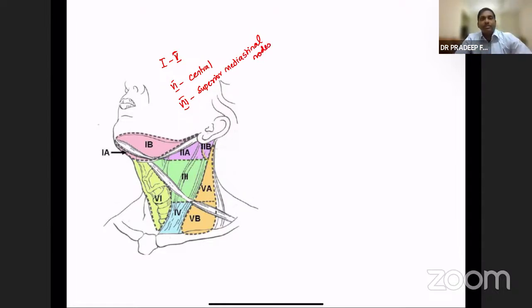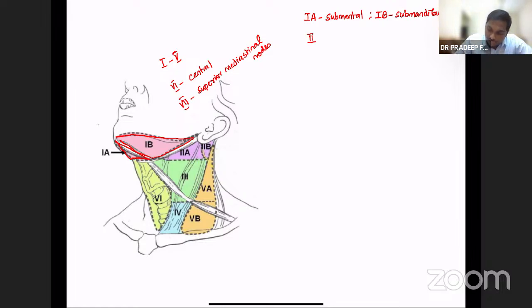Level 1 is subdivided into two, 1A and 1B. 1A is the submental nodes and 1B is the submandibular nodes. In this diagram, the submental nodes are between the two anterior bellies of digastric and the hyoid bone. The submandibular nodes are between the anterior and posterior belly of digastric and the angle of mandible.